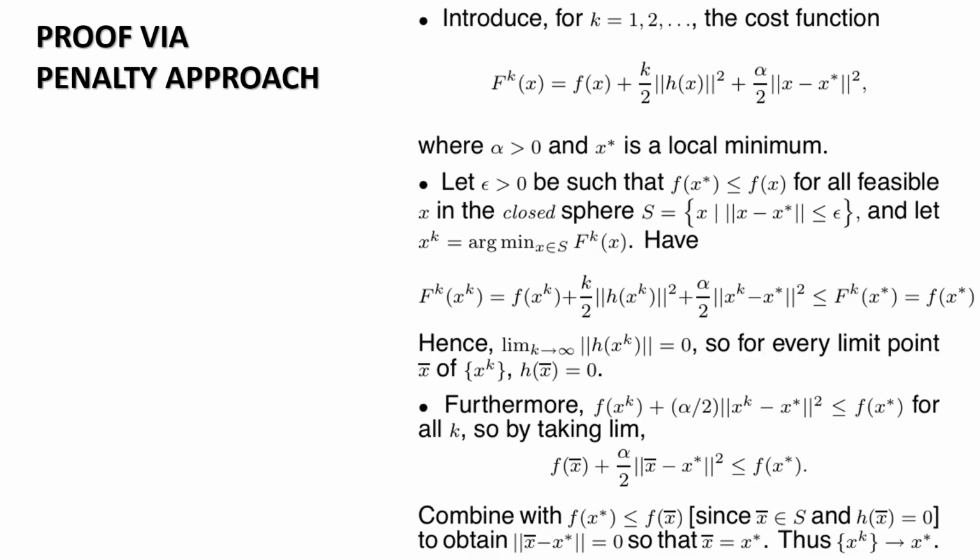This is a proof of Lagrange conditions via the penalty approach. It used a penalty term to softly enforce the constraint h of x is 0, a regularization term to keep iterates near x star, and a limit process to derive properties of x star.